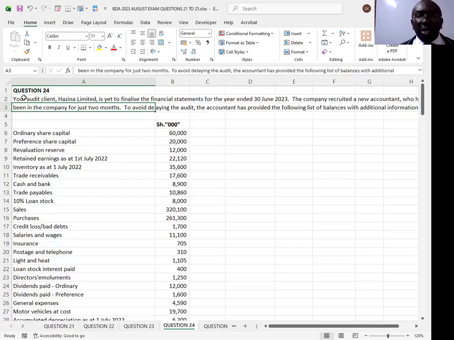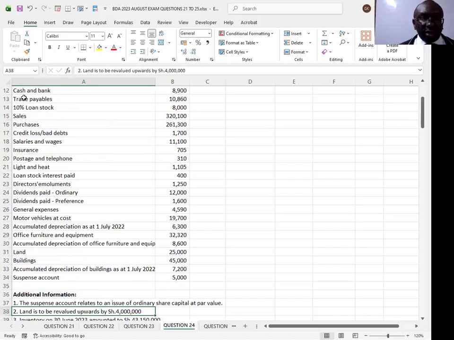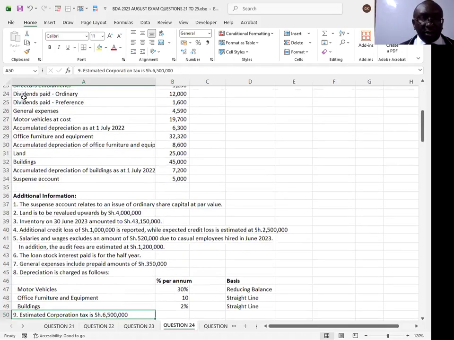To avoid delaying the audit, the accountant has provided the following list of balances with additional information. So we are given all this additional information here.